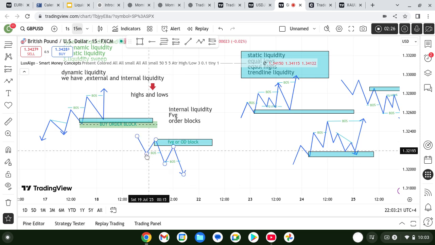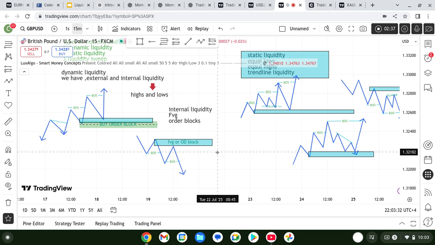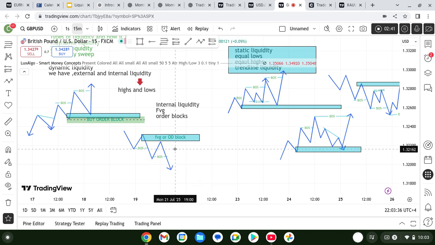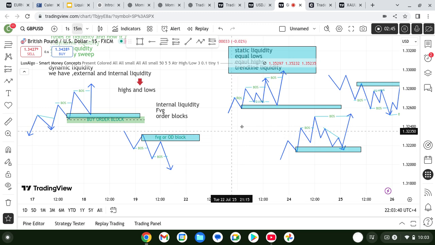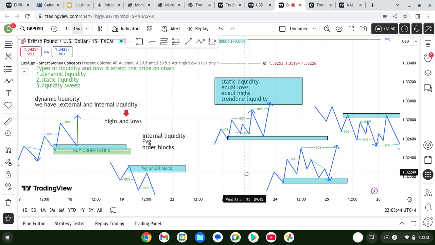If the market was making lower lows and higher lows, making a break of structure, it means in the future the market will come and take some internal liquidity for it to continue downside.